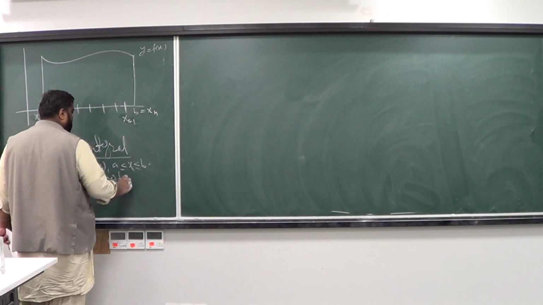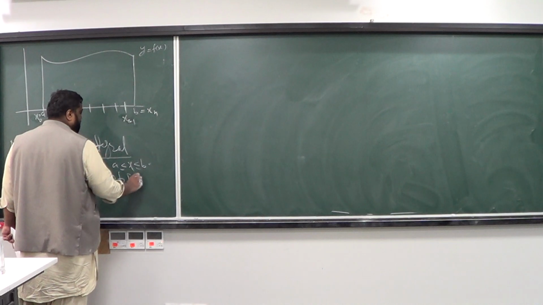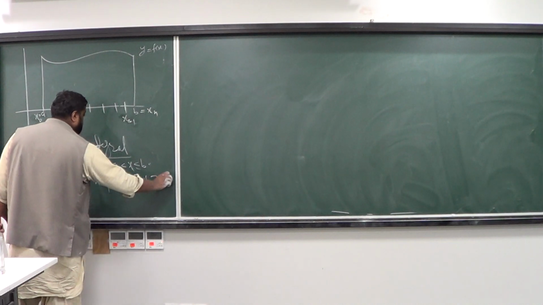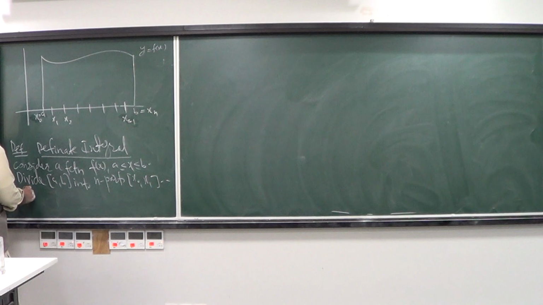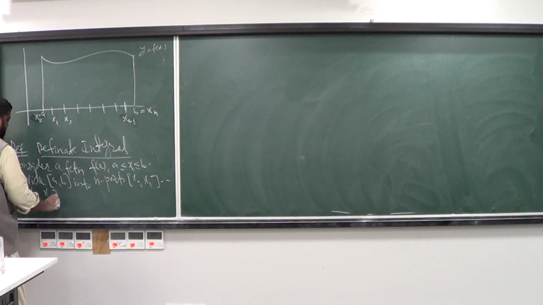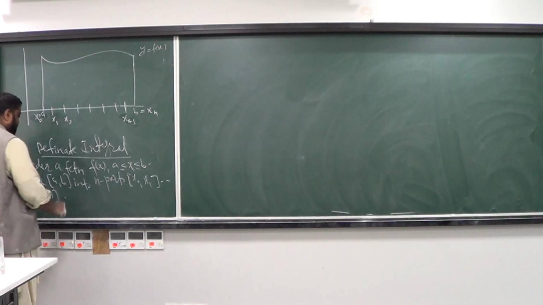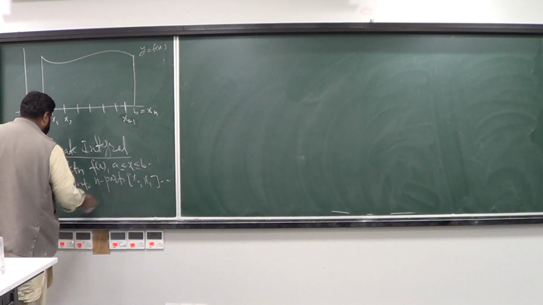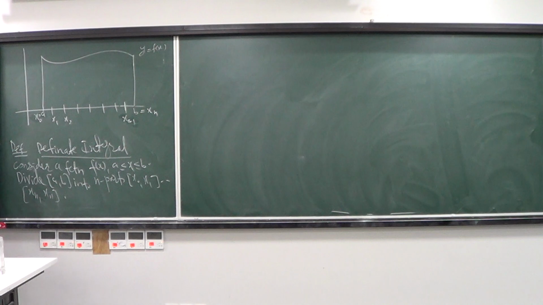What are those parts? x0 to x1, up to xn minus 1 to xn, and then from each of these subintervals choose a sample point.